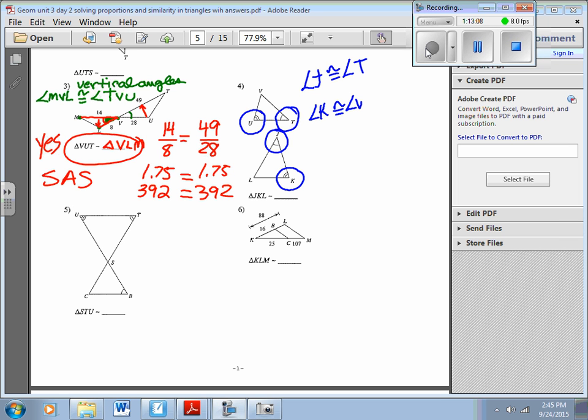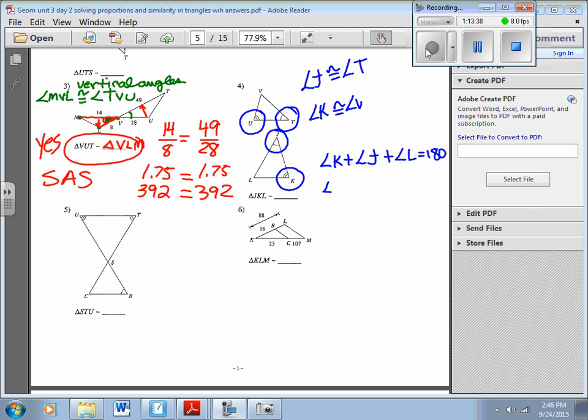Now I want you to remember something. How much do the inside angles have to add up to in a triangle? Always 180. Remember the triangle sum theorem? Angle K plus angle J plus angle L should add up to equal 180. That's for the first triangle, right?